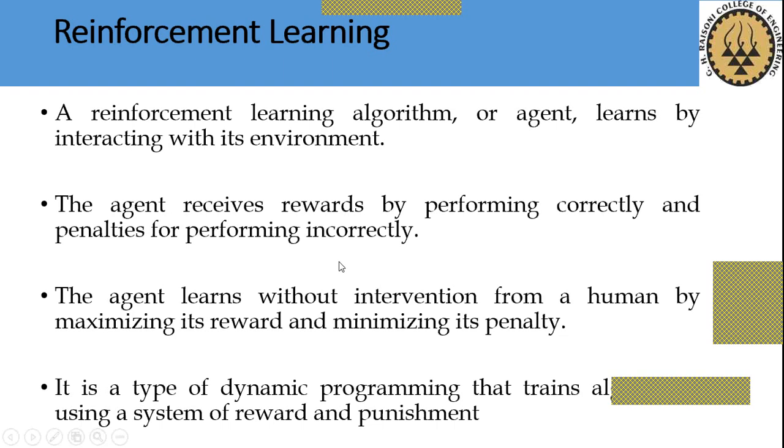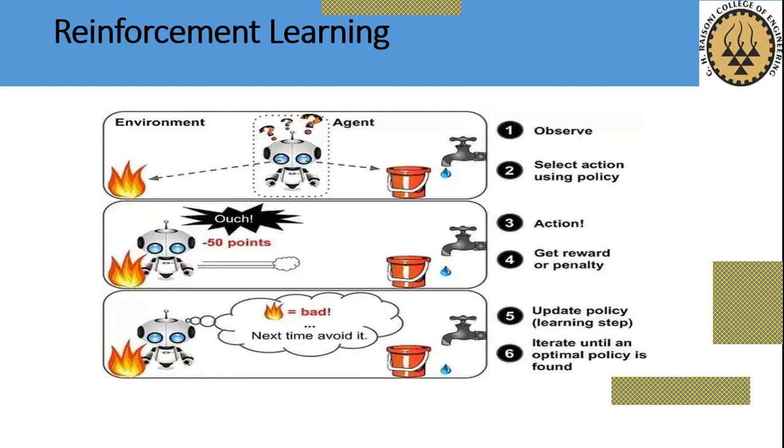So how exactly does reinforcement learning work? Let us see this example, where you can see that there is one agent and he doesn't have any experience. So the first step is he must observe, and then in the second he has to take an action.